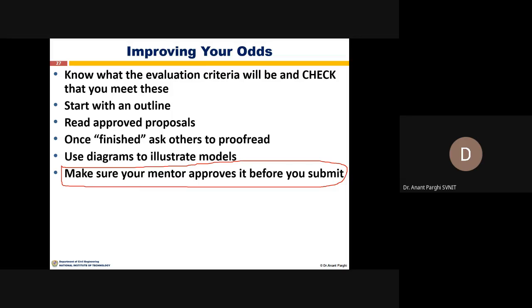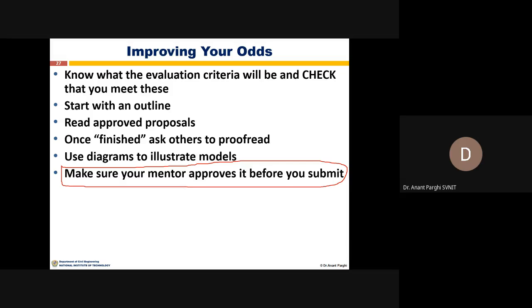Always take your approval from your supervisor, right? Ask their timeline, when they are available. Send them an email, ask them to read your work and give them at least 1 to 2 weeks time period. Whenever you are writing a proposal or thesis, give your supervisor some timeline, so he can understand and review your proposal.